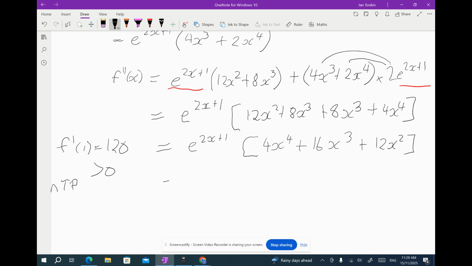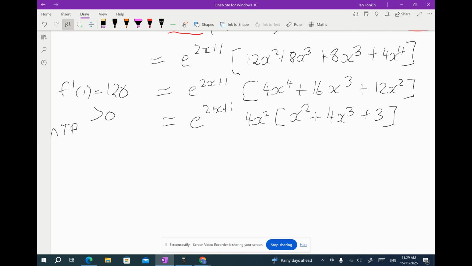Right, let's get that factorising. I'm going to take 4x squared out of all these, which means I'm going to get an x squared there, I'm going to get a 4x there, and I'm going to get a 3 there.